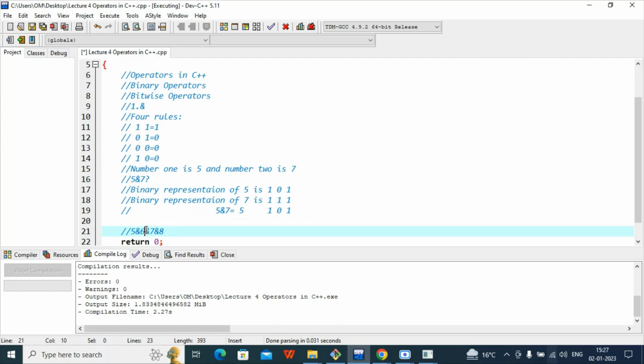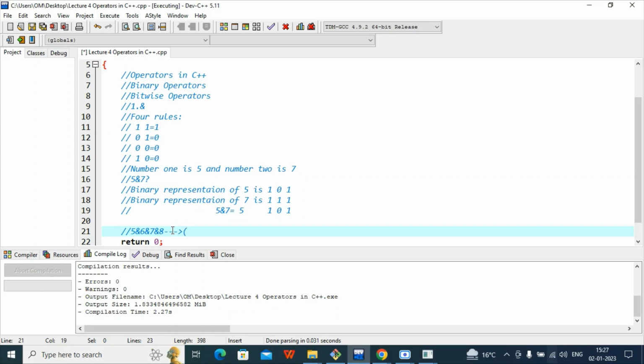Do we do it like this? I'll ask you a back question. How will you do it? 5 and 6 and 7 and 8.